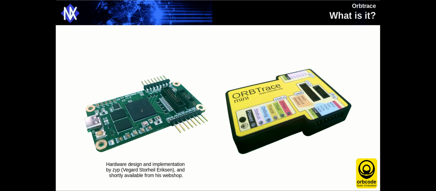It has a Lattice ECP5 FPGA, which does the heavy lifting from the 20-pin trace plus debug or 10-pin trace only, debug only port. It does level conversions for talking to targets which are working at different voltages, and we have a number of other pins, various LEDs.